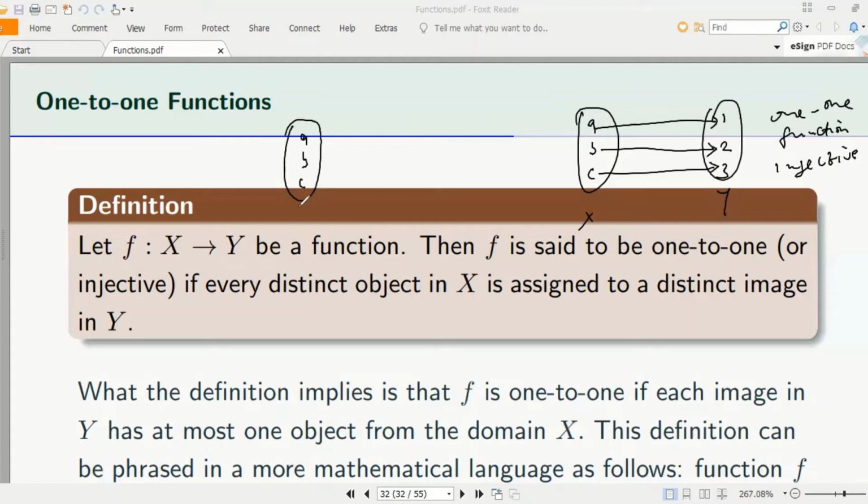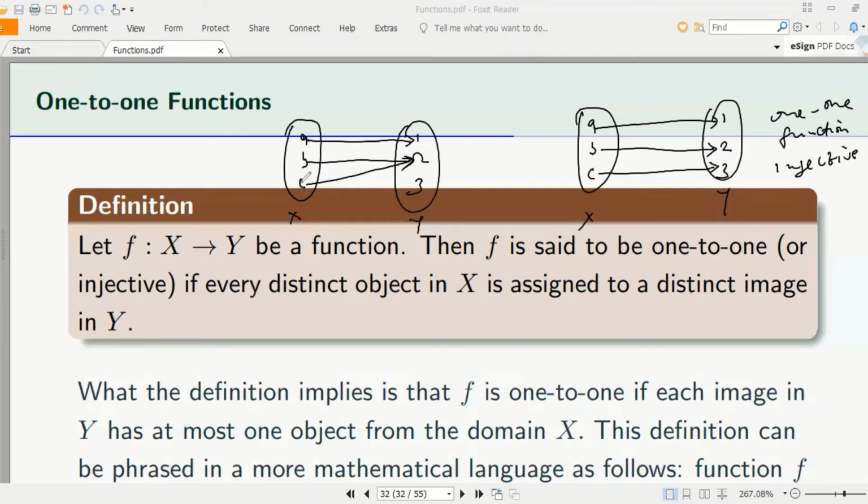Let's look at this. We see that set x has 1, 2, 3, and set y has this. This object has one image. This object has one image. This object has one image. This is not a one-to-one function, because I have two different objects that have the same image.